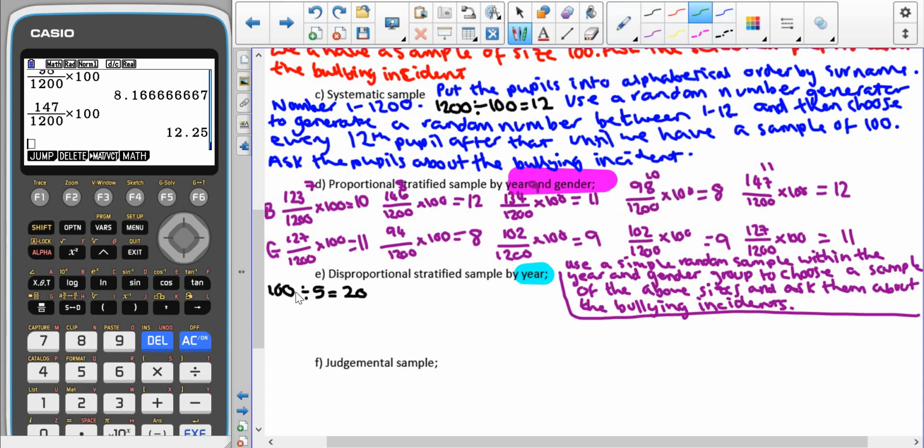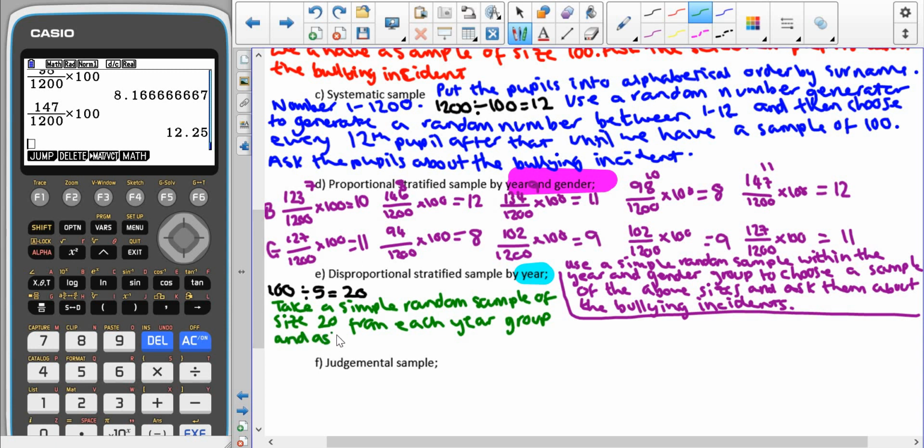So we're going to take a simple random sample of size 20 from each year group and ask them about the bullying incident.